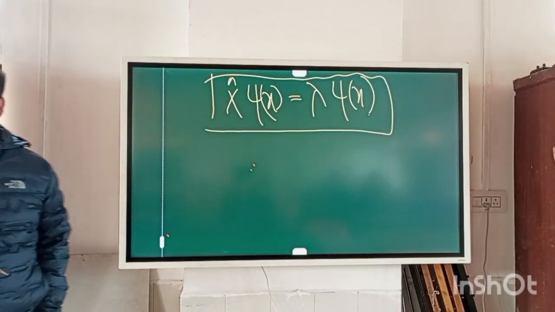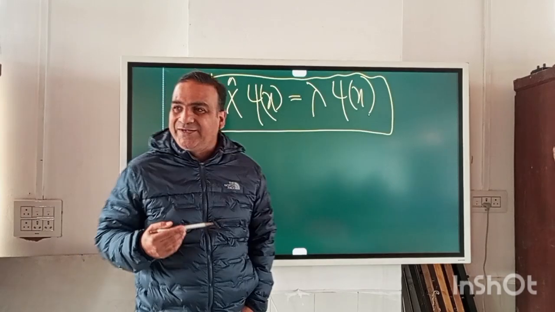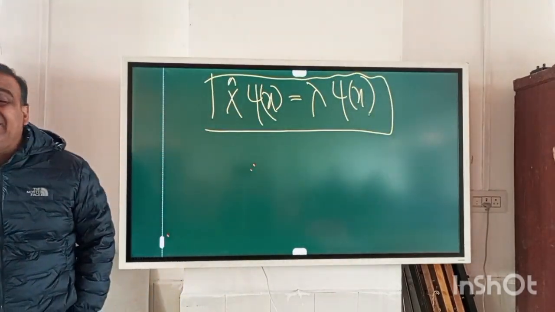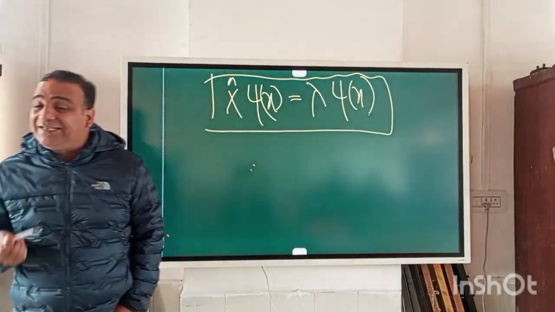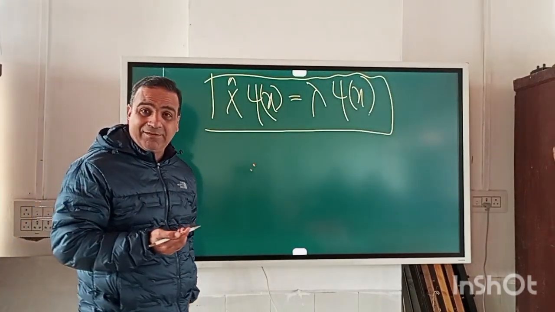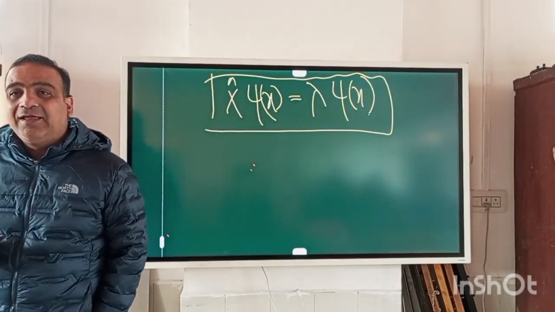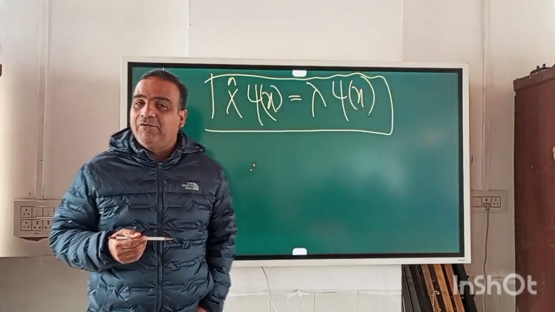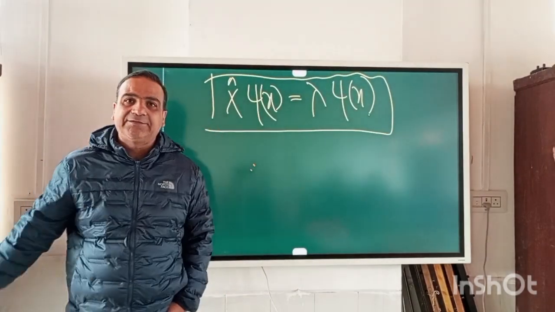How can we do that? My argument is, you have a Hermitian operator. If your operator is Hermitian, it acts on a wave function, and what you get is a real number. This lambda is a real number, and your original wave function is back when you operate on the wave function psi of x.